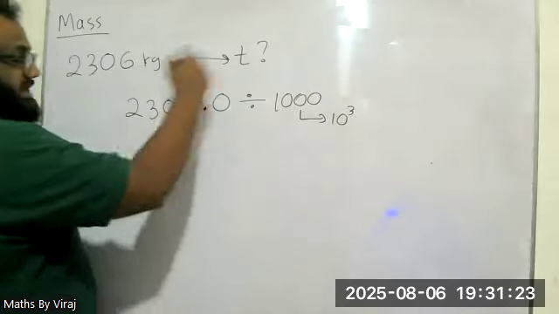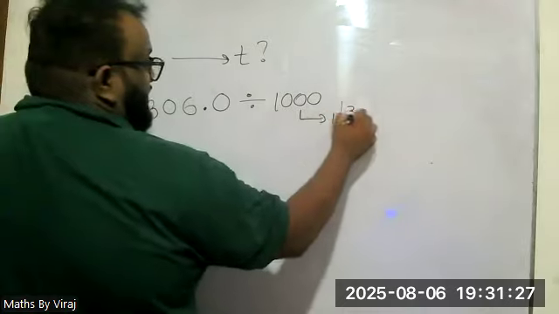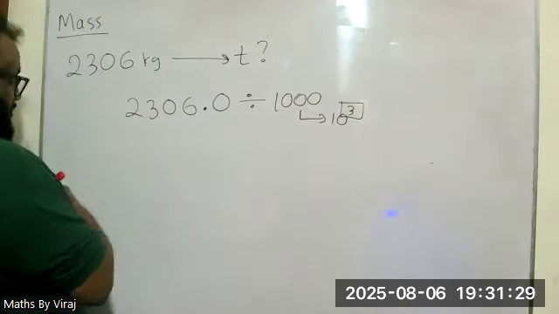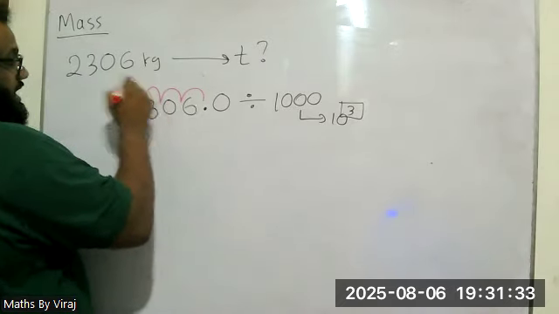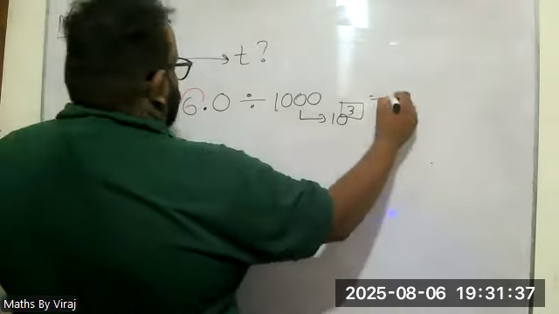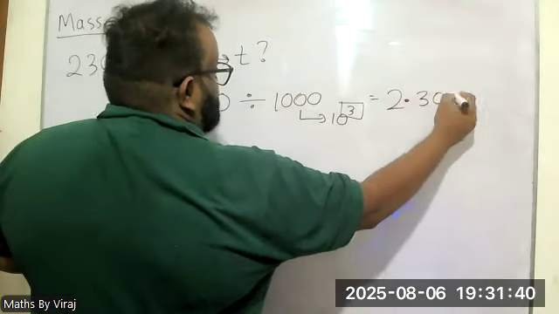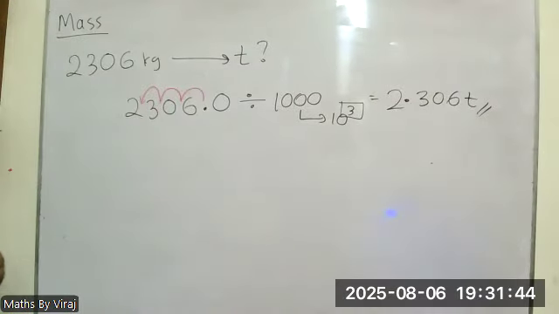When you multiply, the decimal point moves to the right. Now, this is again 10 to the power 3. Now, this should move how many times back? 1, 2, 3. You should move 3 times to the back, which is 2.306 tons.